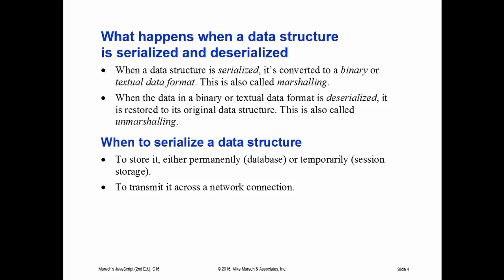All right, so, just taken from the top then. An object is serialized when it's converted to a format that can be stored and transmitted, and deserialized when it's converted back.